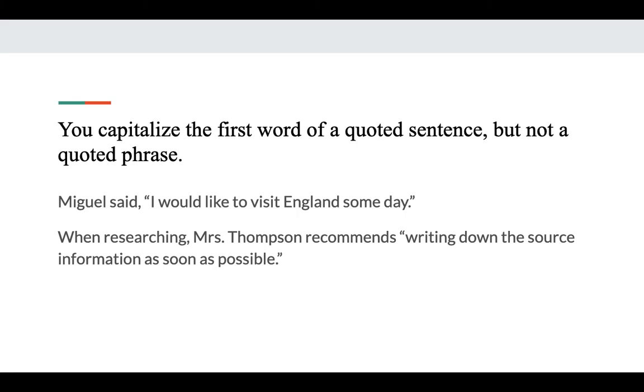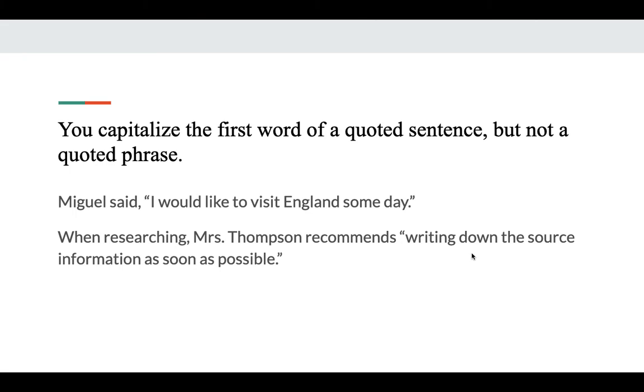You capitalize the first word of a quoted sentence, but not a quoted phrase. So "I would like to visit England someday" is a complete sentence. That's why we capitalize I, besides the fact that I is capitalized no matter what. Notice there is a comma there, because this is part of dialogue. However, "when researching," Mrs. Thompson recommends writing down the source. You can see that this introduction of the quoted phrase just goes as if it's one sentence.